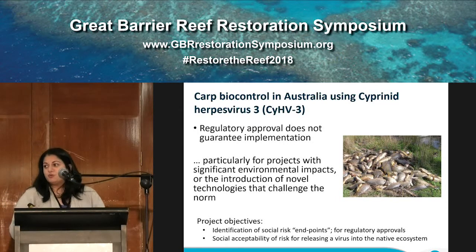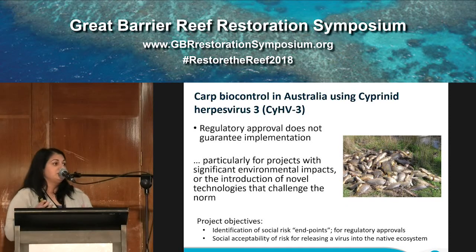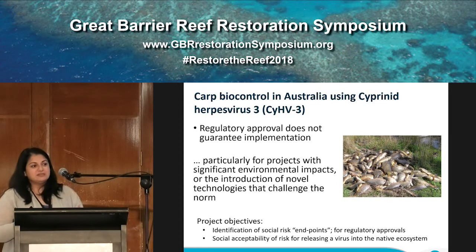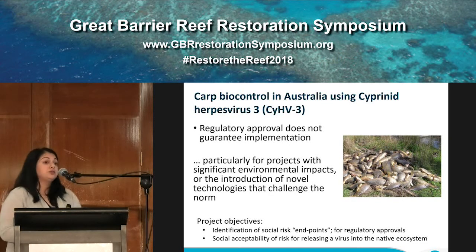For carp control, people typically did fishing competitions to remove a whole bunch of fish. There's electrofishing. There are all these other little methods to try and reduce the carp in the waterways, but nothing is really as effective as introducing a virus. So people are a bit scared of what they don't know.